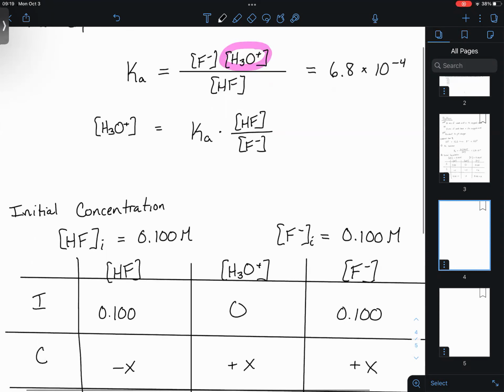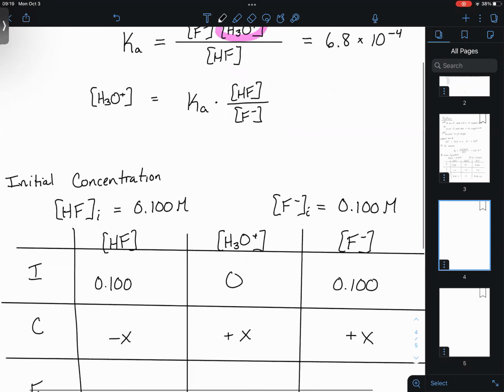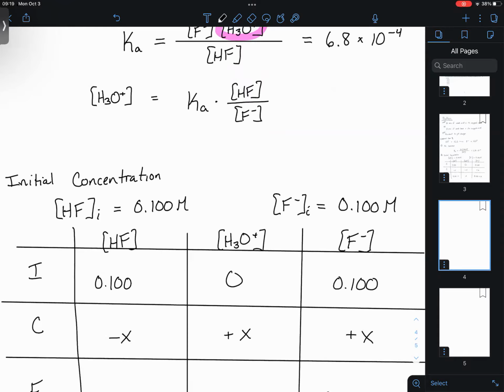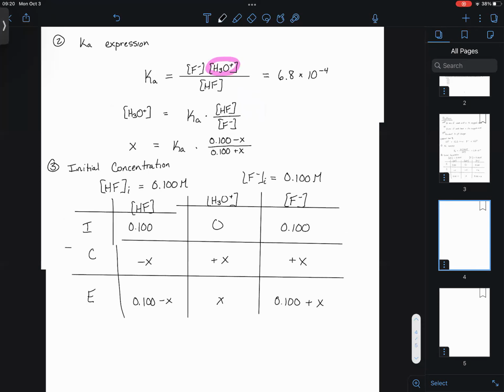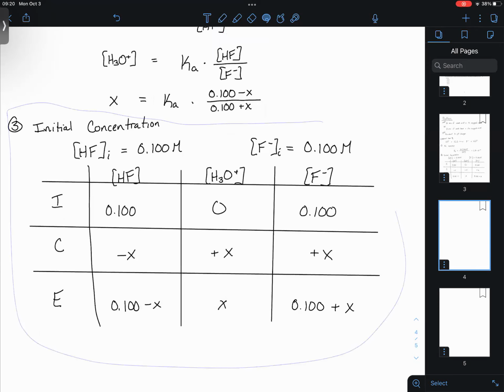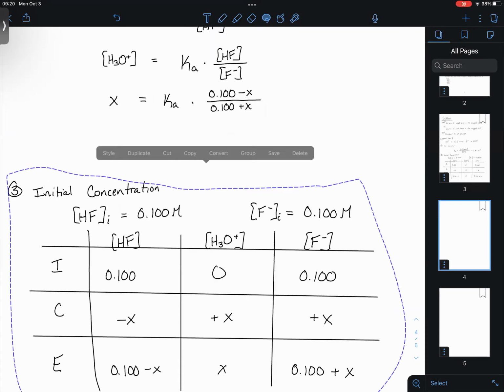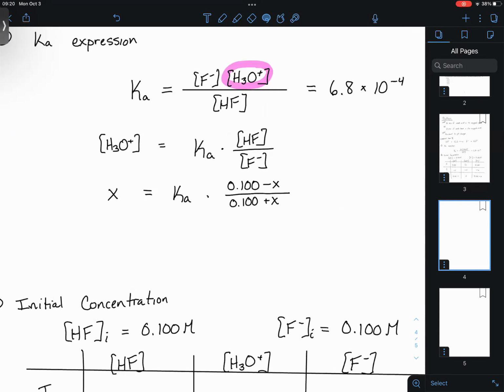Okay. If I plug in my values here, X was the hydronium ion concentration. I got my Ka. And then for my ratio here of acid to conjugate base, right? That's what my expression has become when I rearranged it. Okay.